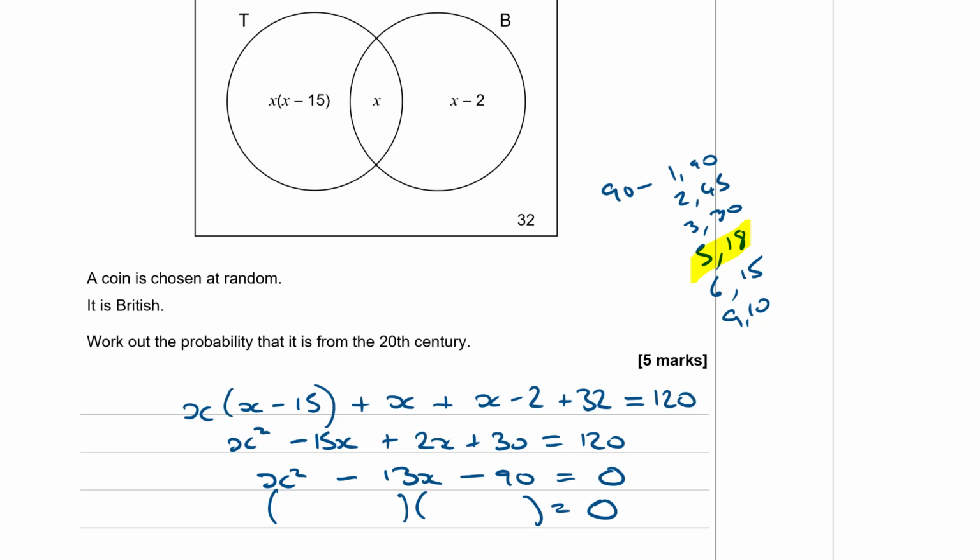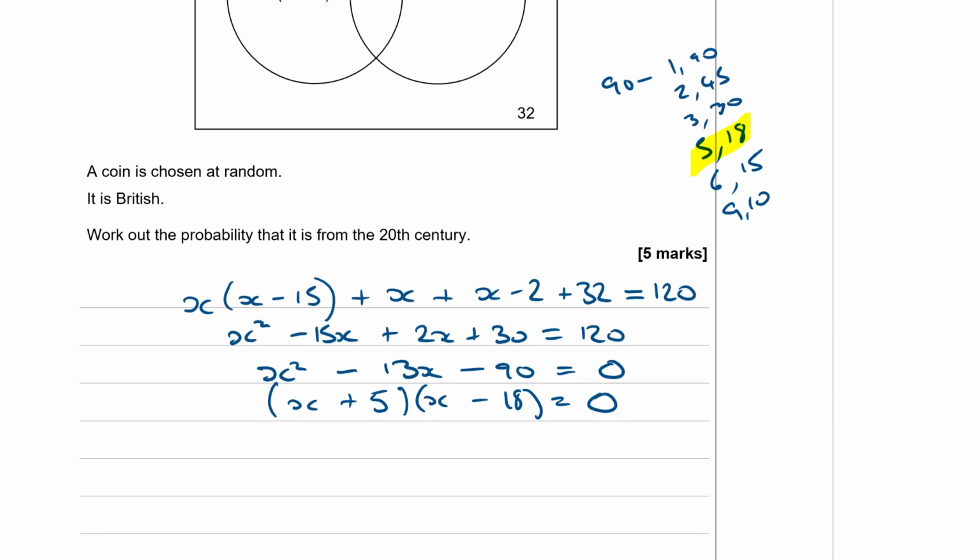So (x + 5)(x - 18), because our answer is minus, and the larger one is going to be the negative one, because I get minus 13x. So the 18 goes here and the 5 goes here. Now that gives us solutions for x of x equals minus 5 and x equals 18.